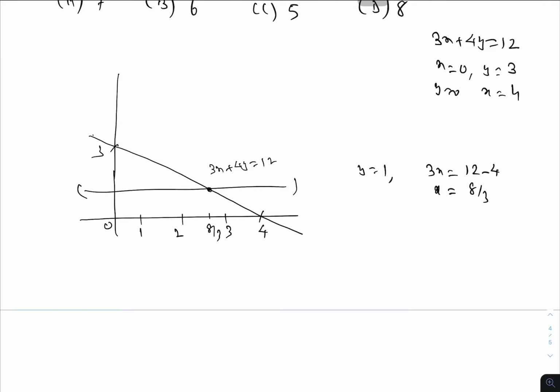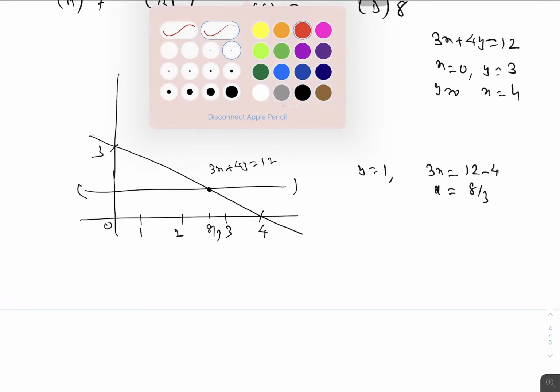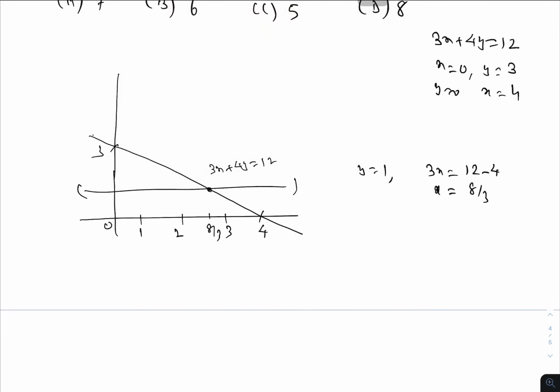Okay, so what are the integer points? Let us see now. So this is 1 point, then there will be one another point here, and one another point here, because 2 here, 1 here. Now this is not an integer point. This one is 3, this one is 1, so this one is also 2.